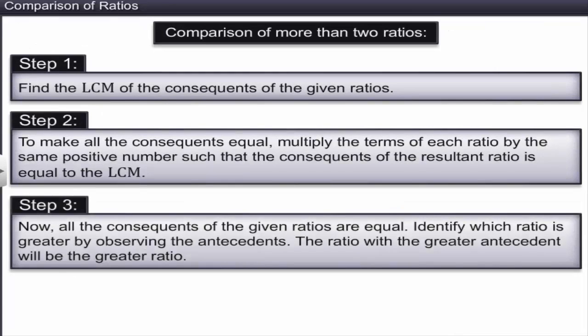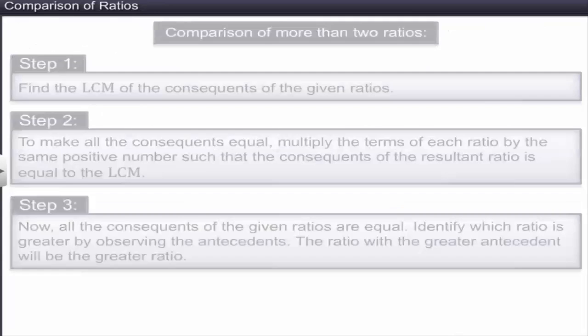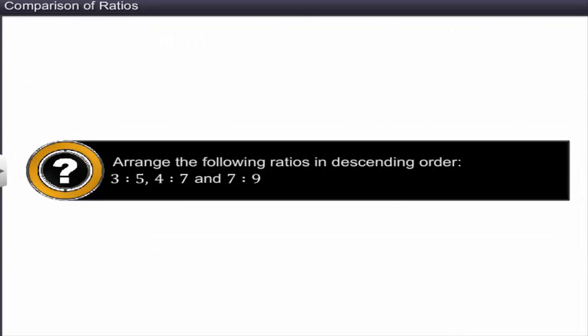As the consequents of the ratios are the same, identify the greater ratio by observing the antecedents. The ratio with the greater antecedent will be the greater ratio, and with lesser antecedent, the lesser ratio. Let's solve an example to understand the method. Arrange these ratios in descending order: 3:5, 4:7, and 7:9.